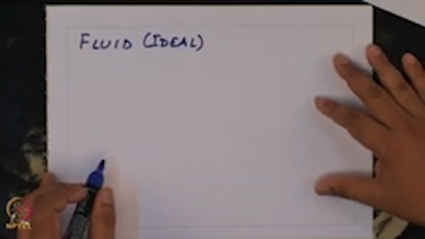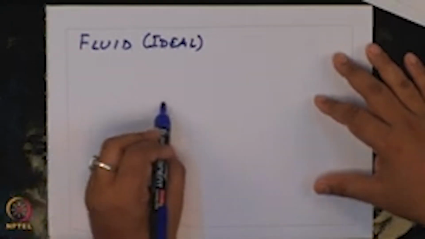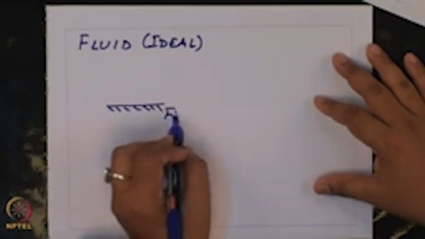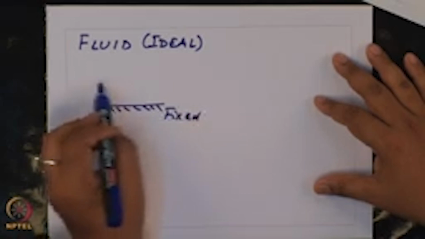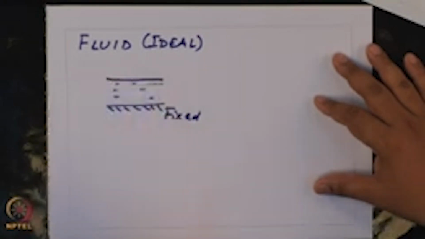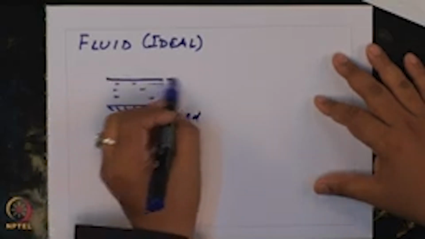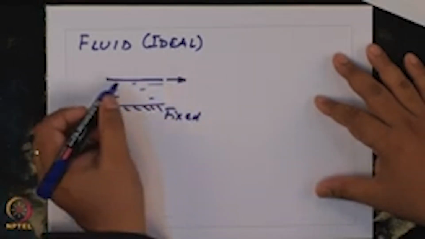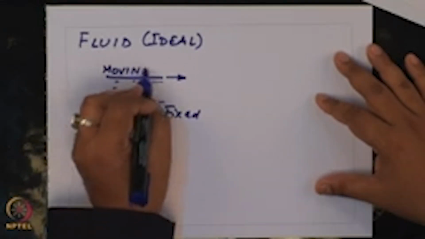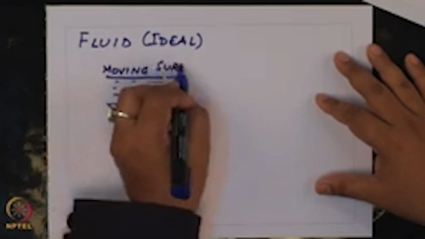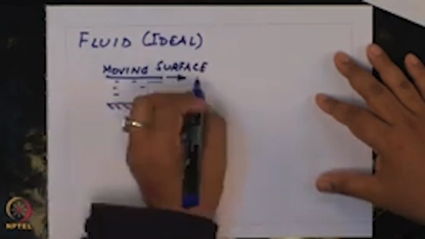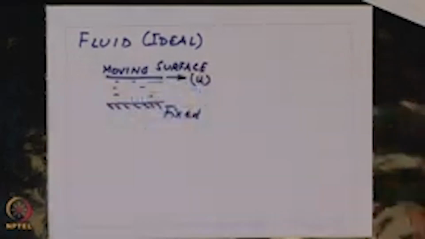Okay. For the case of an ideal fluid, let us assume you have a surface which is fixed, you have fluid on top of it, and you put a top surface which you pull. So, this is the top surface, this is a moving surface, which you pull at a speed of u. Okay.